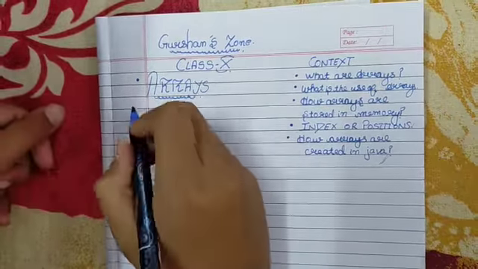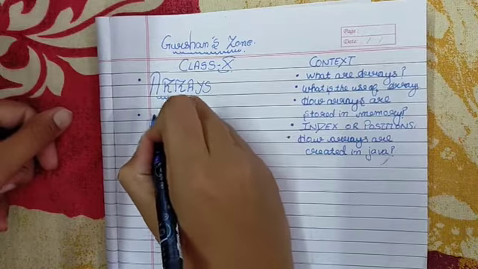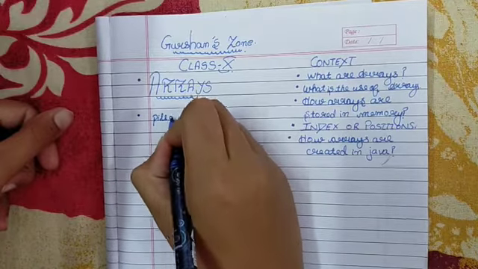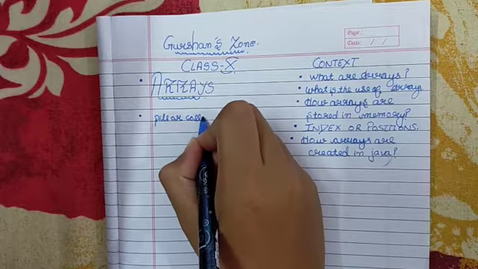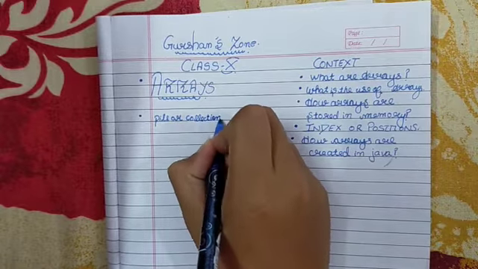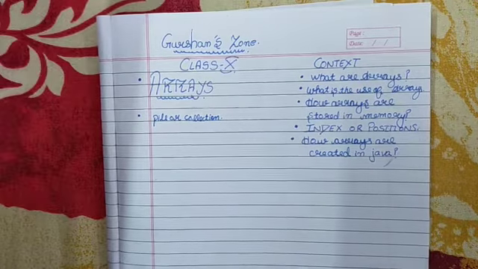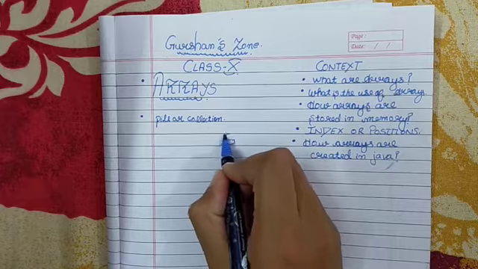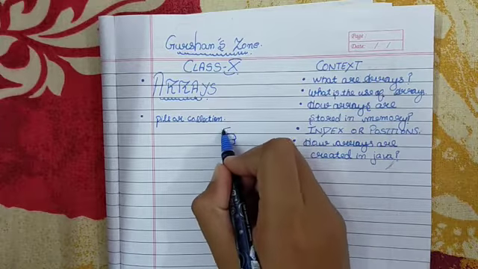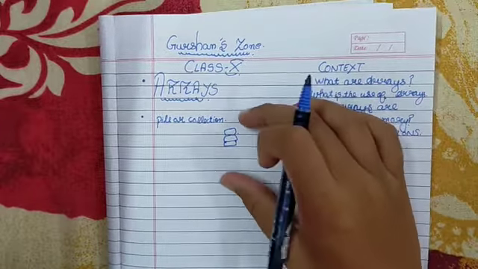Arrays are known as pile or collection. For example, if we take a daily life example, here we have taken a lot of books. So it becomes an array of books.